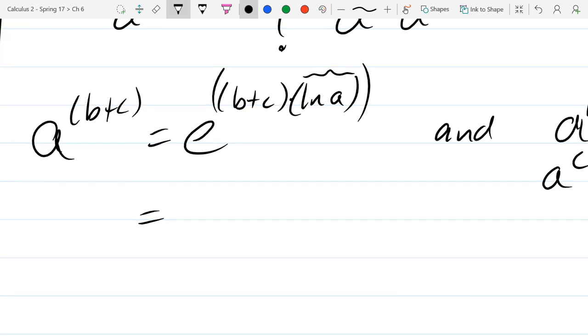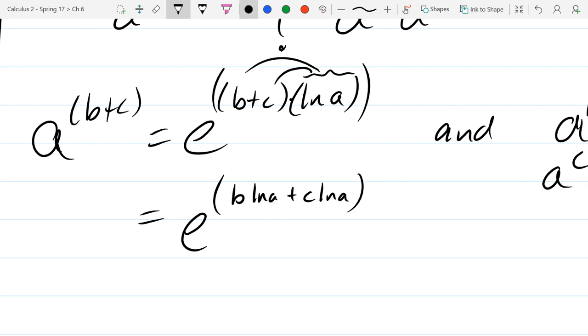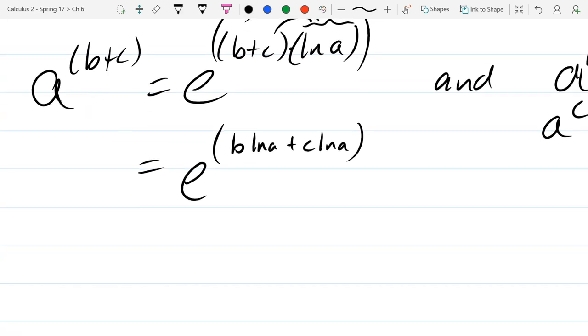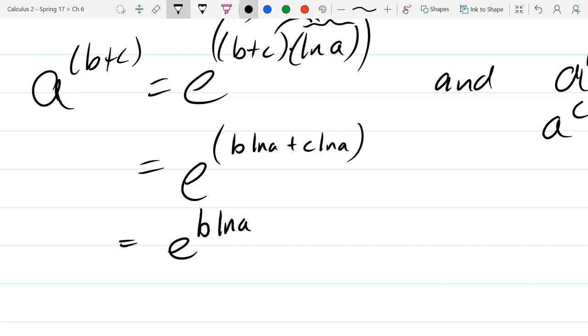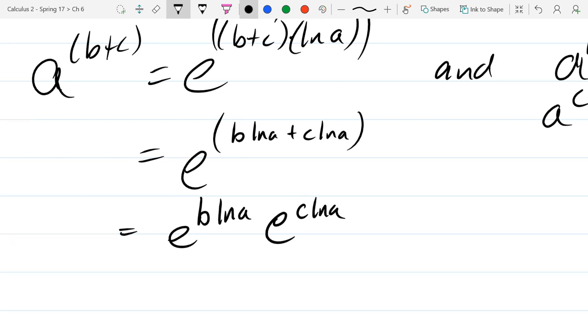I'm going to distribute ln a to the b and the c, up in the power. So b times ln a plus c times ln a. And now e raised to a power plus another power is a product. So this is e to the b ln a times e to the c ln a.